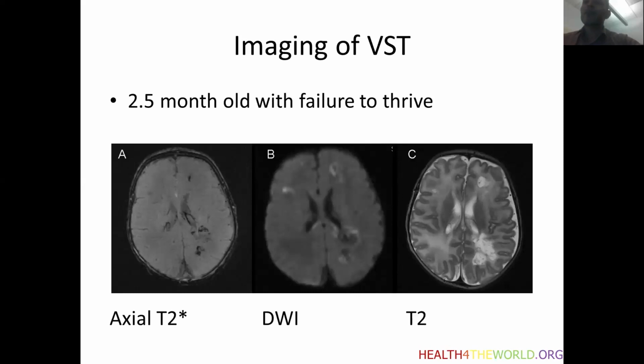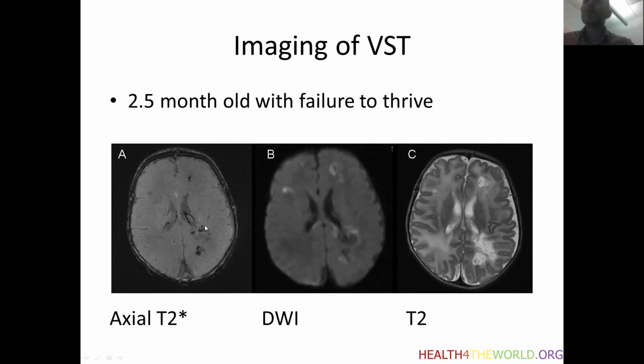Here's an example of a 2.5-month-old boy who presented with poor feeding and failure to thrive. And on the T2 star weighted MRI image, what you can see are these linear areas of signal hypointensity within the deep medullary veins, as well as relatively discrete areas of periventricular hemorrhage with a rim of surrounding ischemia.